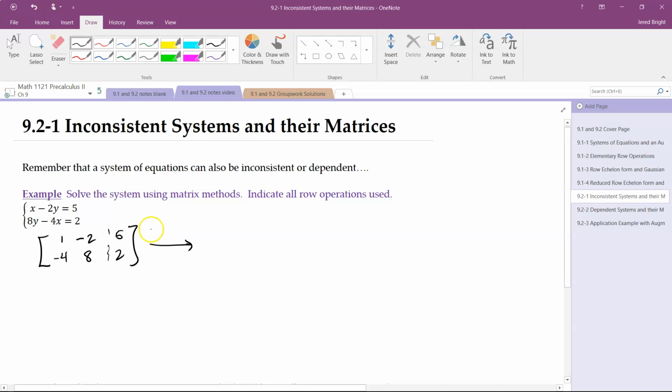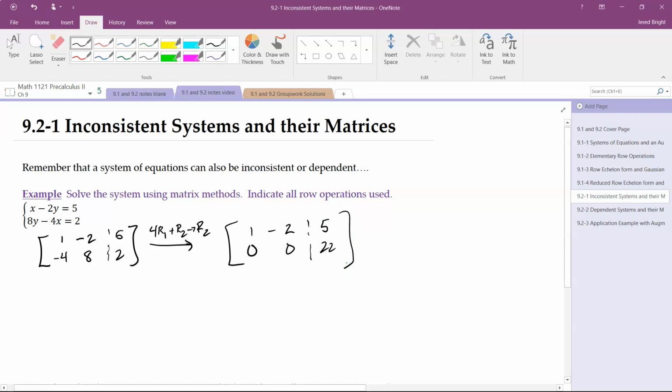Use Gaussian elimination: 4 row 1 plus row 2, put that into row 2, and I get, first row remains unchanged, 5, and then I'll have 0, 0, and then 22.